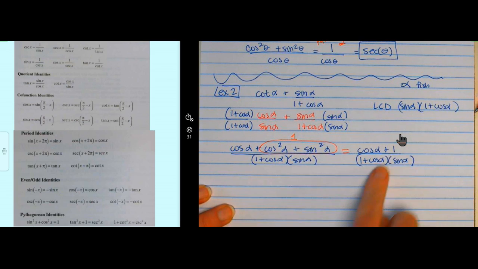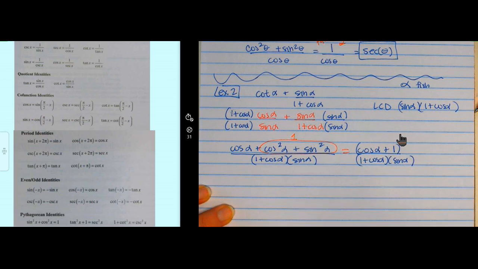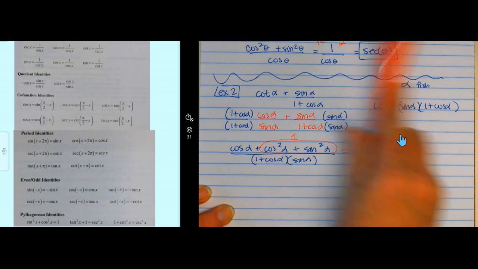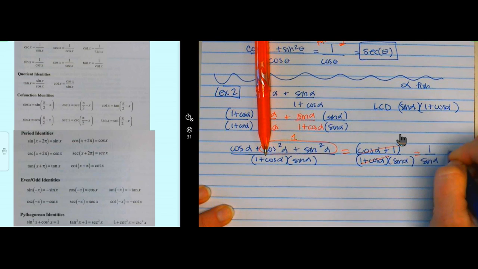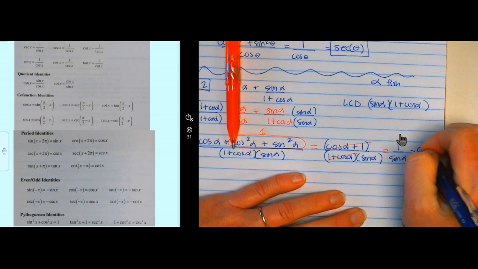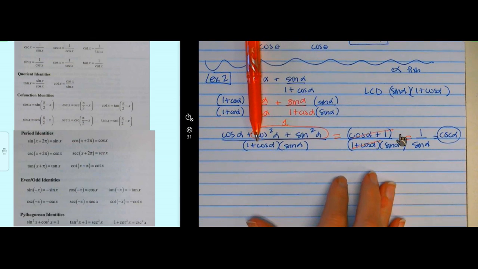That's really helpful because right here, if I put parentheses around the top and think about the order being switched, this one and this one are the same. So this factor and this factor cancels. I simplify to 1 over sine of alpha, and that is equal to cosecant of alpha. And I am simplified that one.